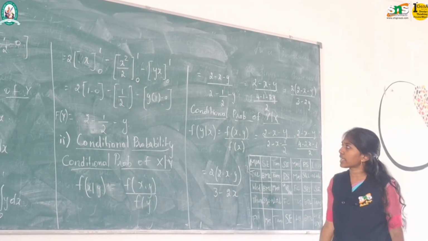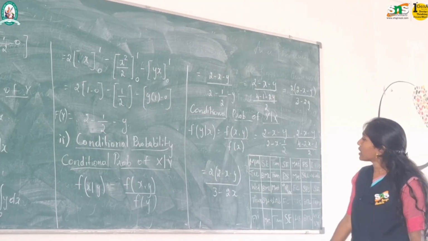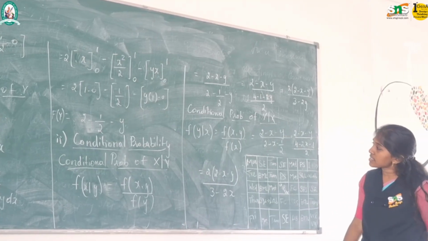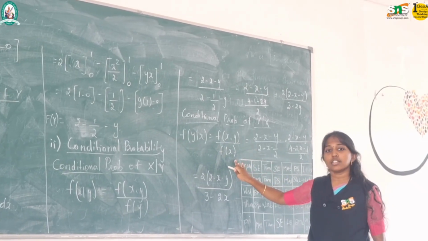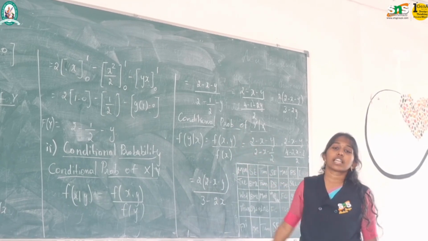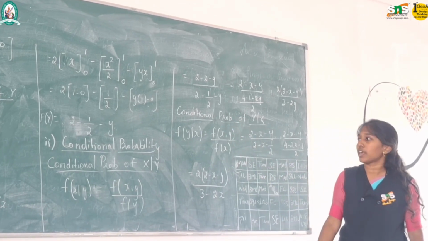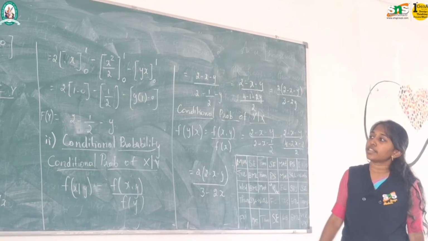Next we calculate the conditional probability of y given x. The formula is f of y given x equals f of x comma y divided by f of x. This is the same procedure: f of x comma y is given in the question, 2 minus x minus y, and f of x is the marginal density function of x.